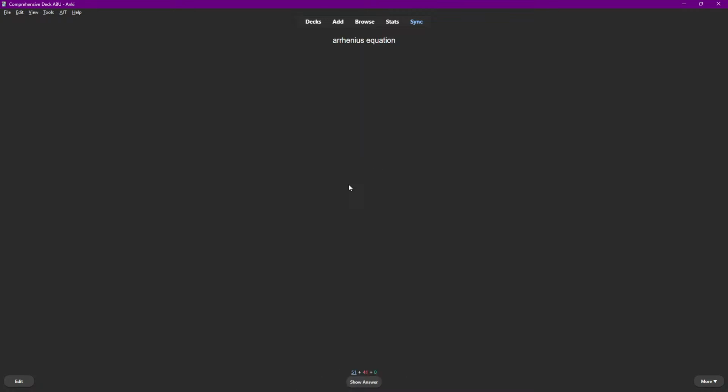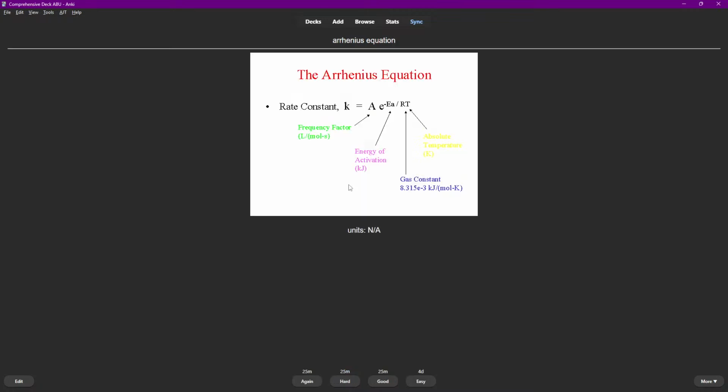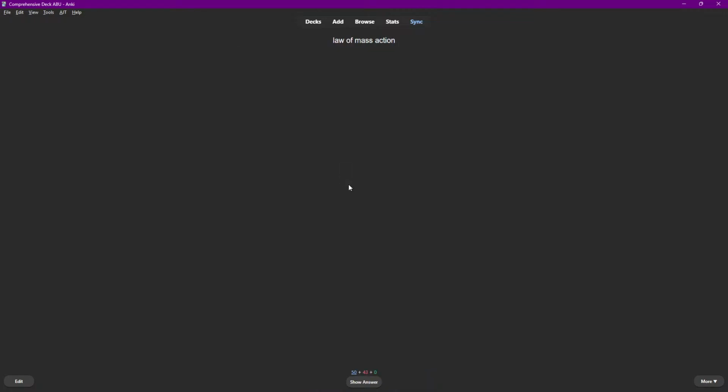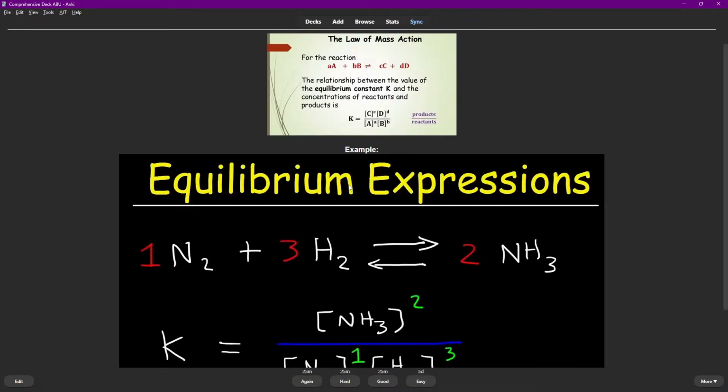Arrhenius equation, this is the rate equals k times A times... Arrhenius equation is k is equal to A times e to the negative activation energy over RT. Yep. Law of mass action, oh, it's just the equilibrium constant.